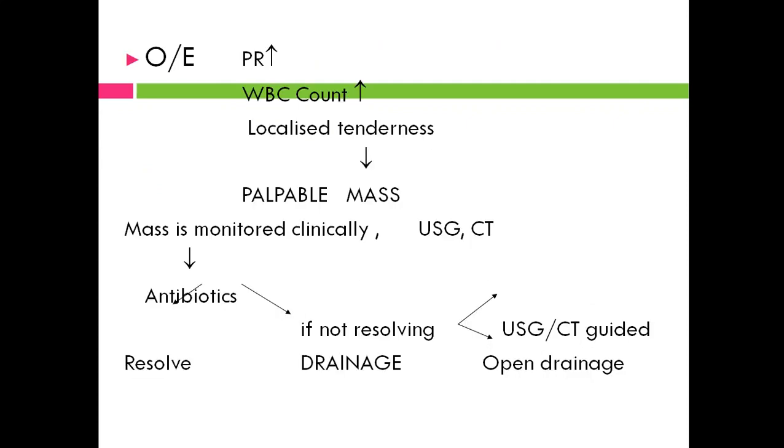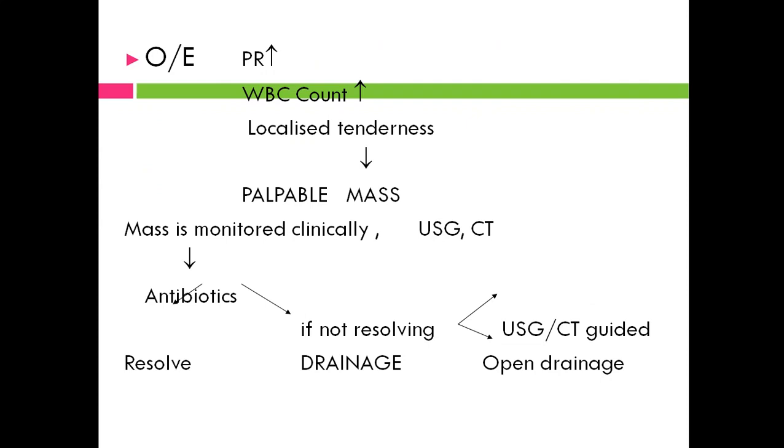So on examination, you see the patient has an increased pulse rate, tachycardia, increased total count, and localized tenderness. And you may even get a palpable mass. So how will you assess the mass? The assessment is clinical and imaging by ultrasound or CT scan.